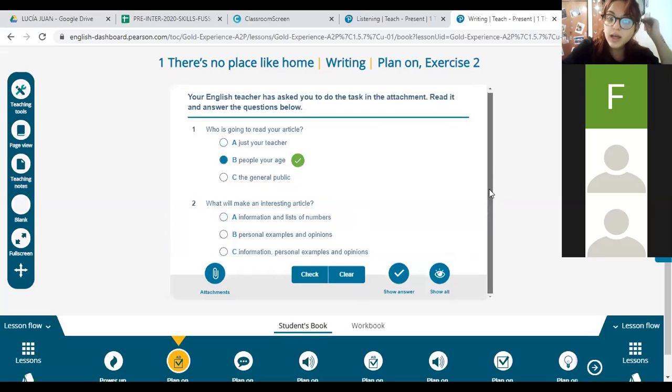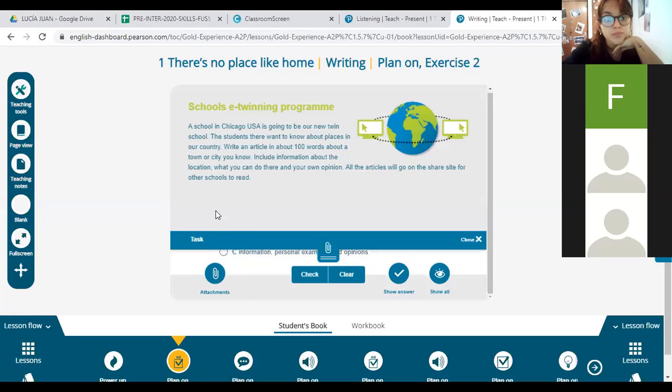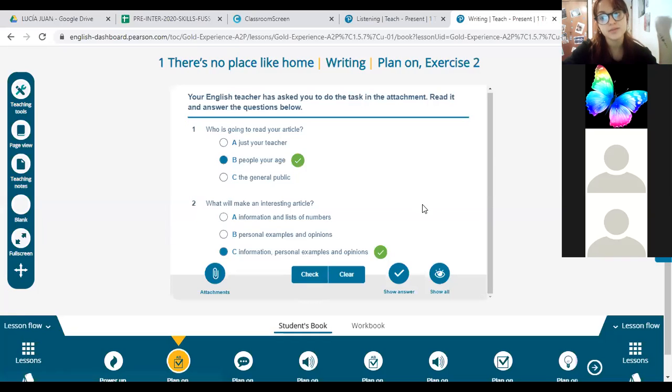Good. And what will make an interesting article? Information and lists of numbers, personal examples and opinions, or information, personal examples, and opinions? What do you think? The last one, C. Good.